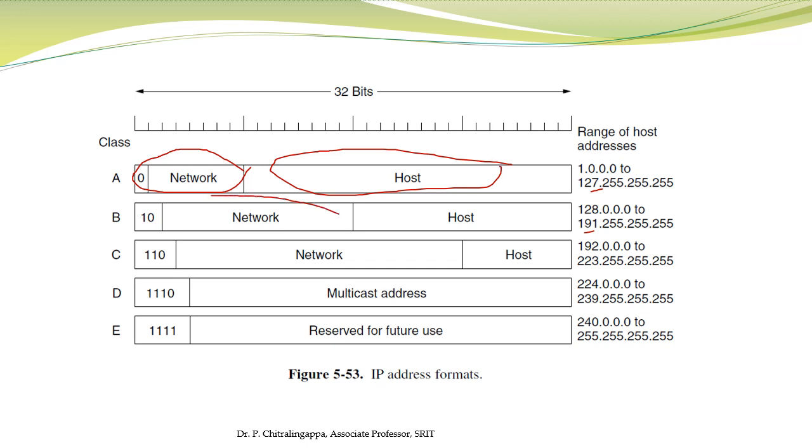In class B, 16 bits are the network address and the remaining 16 bits are the host address. So based on the class, the host address and network address will change, and the range will also change.